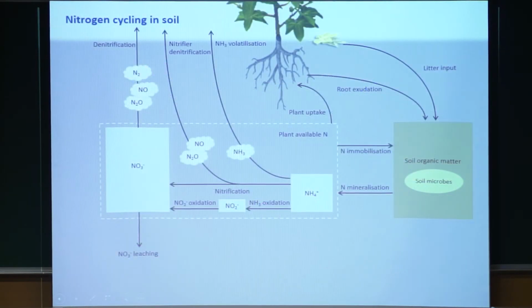And so if you look at nitrogen cycling in the soil, it's made up of a bunch of different processes, including the litter input, which is affected by the CO2 and the temperature, root exudation, of course, the sugars that are exuded, and then volatilization or leaching of the important nitrogen components, and then denitrification, the gas loss, and nitrifier denitrification.